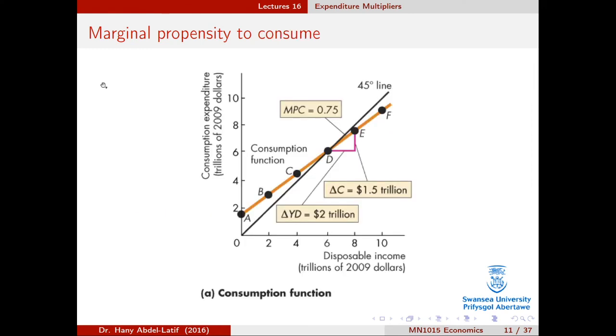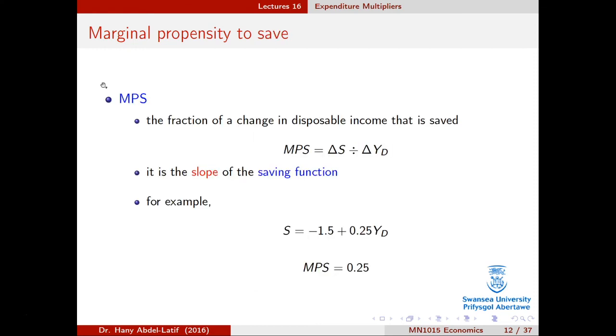Going back to this example, the marginal propensity to consume was 0.75. So if your income increased by £100, you will spend £75 on consumption and save £25, which is 25% of the increase in your income, which is 0.25. So that is the slope of the saving function.